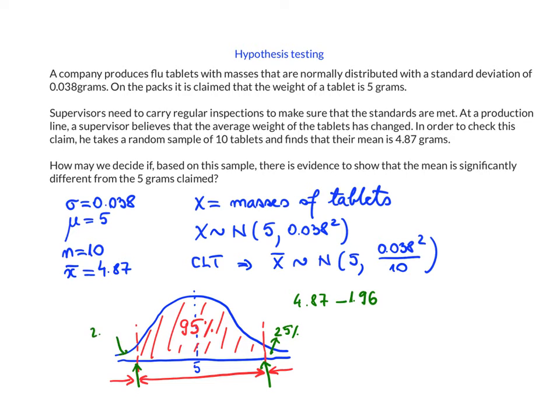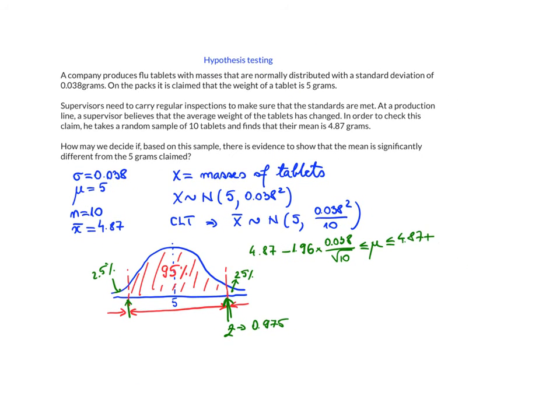Here you have 2.5% of your data because you need the 95% in the middle. So this one corresponds to a z value of 0.975. So 0.038 over square root of 10, less than or equal to the real mean, less than or equal to 4.87 plus 1.96 times 0.038 over square root of 10.